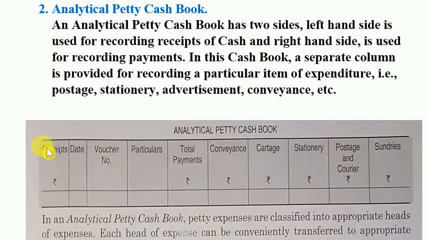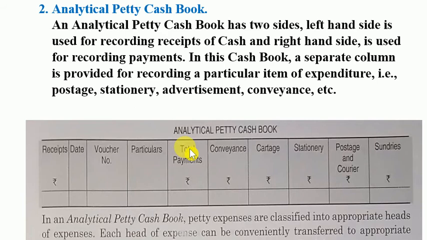In the left hand side we'll record the receipts of cash which we receive from the head cashier or main cashier, and this is the column in which we record the date of the transactions. This is the column of voucher number, and this is the column of particulars in which we record the details of receipts and expenses, and this is the right hand side in which we record all the payments incurred in an organization or the business.